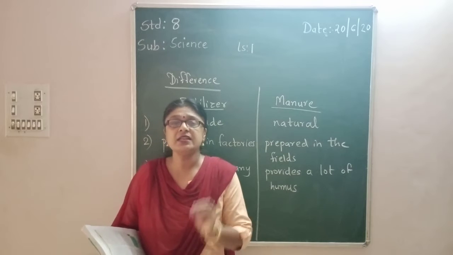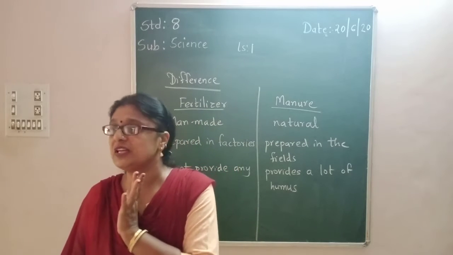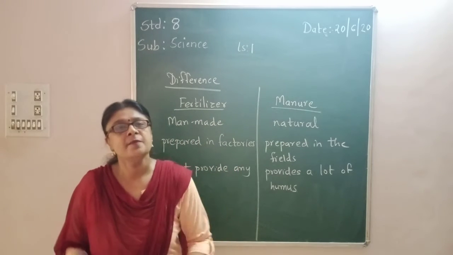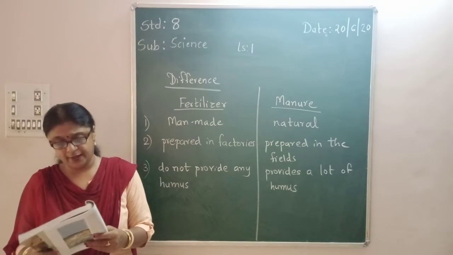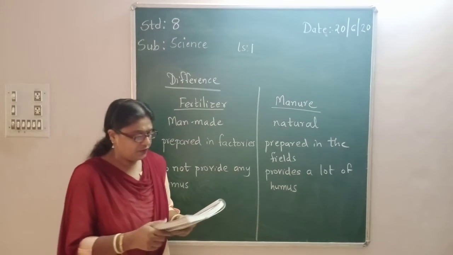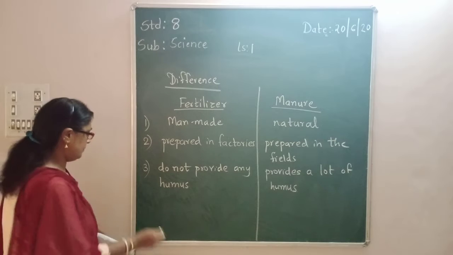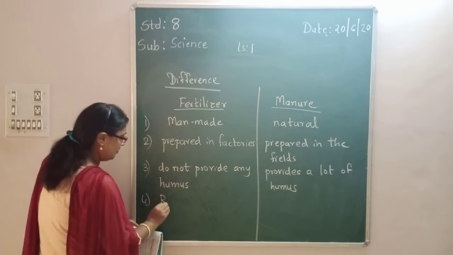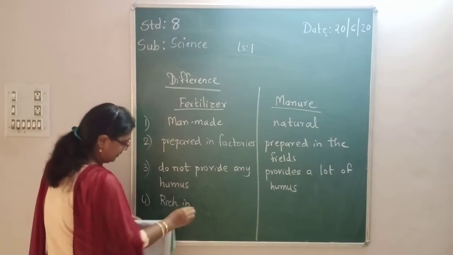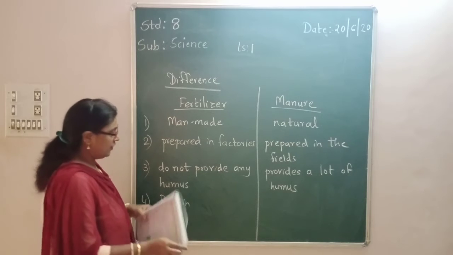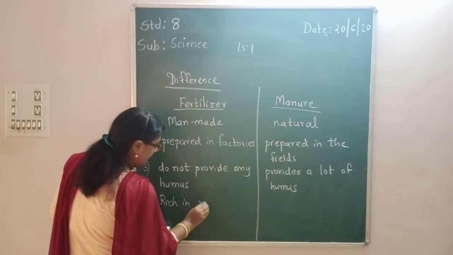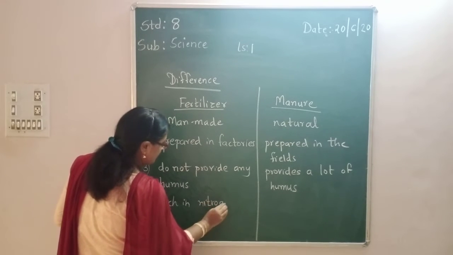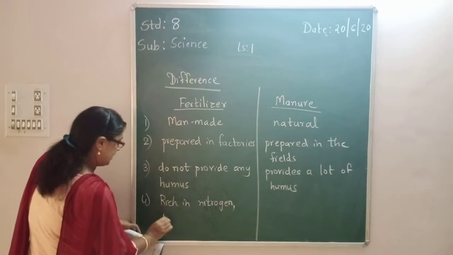Fertilizer means it is made up of artificial chemicals. It is made artificially with the help of chemicals. Okay. And the next one is: fertilizers are rich in nitrogen, phosphorus and potassium.